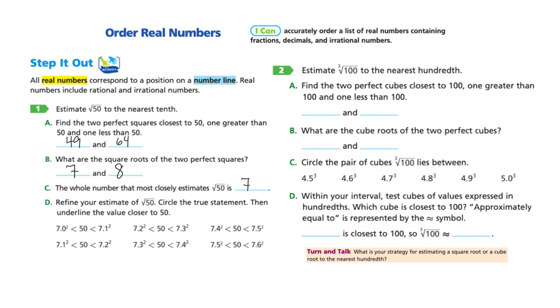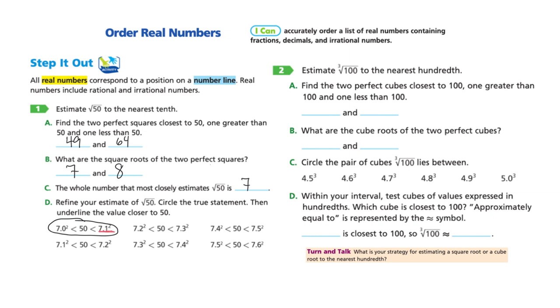Well, we know this is going to be 49, so you would want to multiply 7.1 times 7.1, and you'll check this one and see which are closer to 50 as you go through, and then you'll hopefully end up with this one as your choice. So that's that first one.